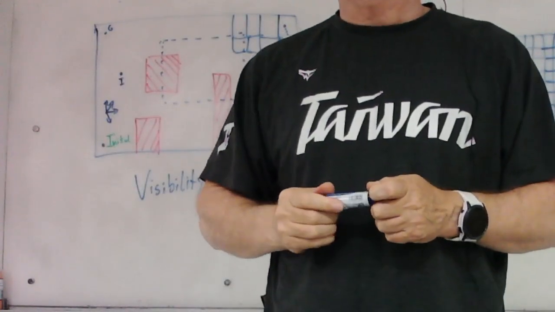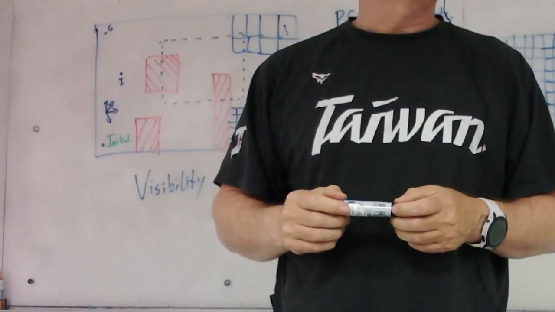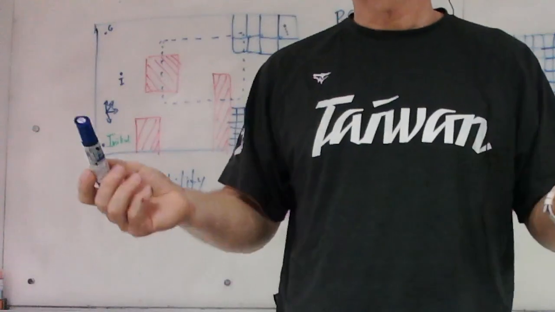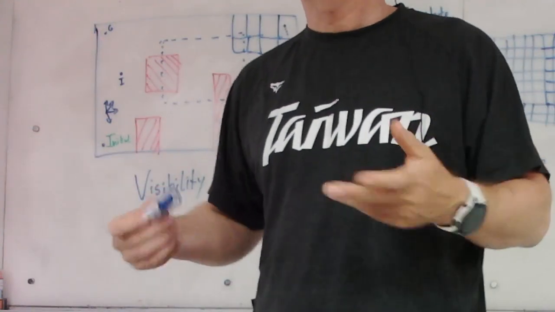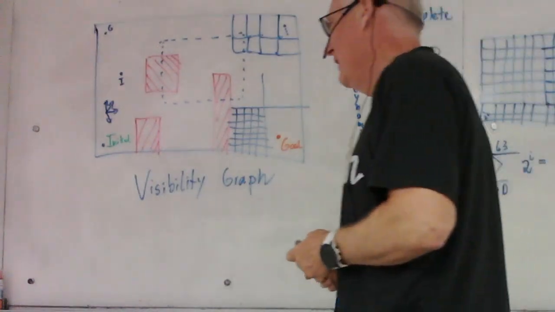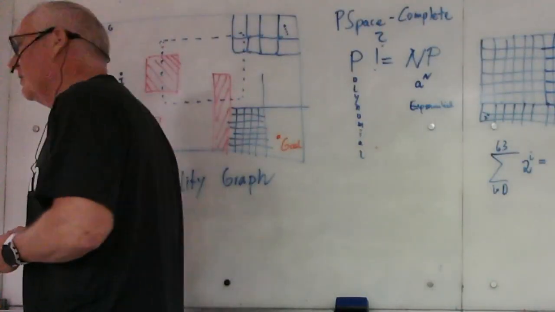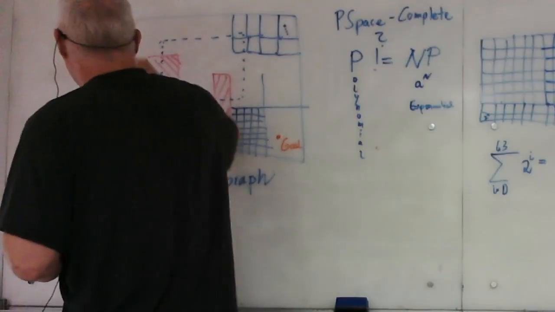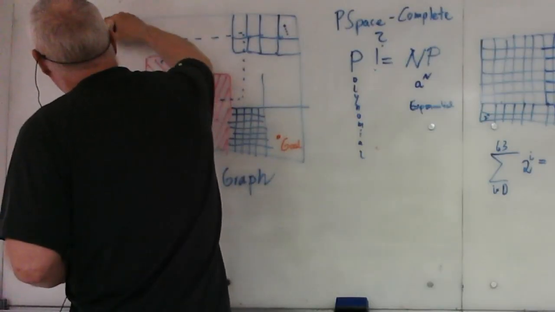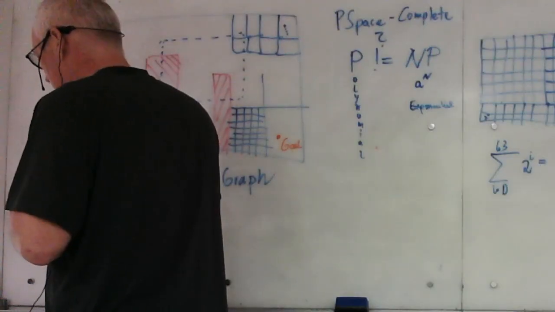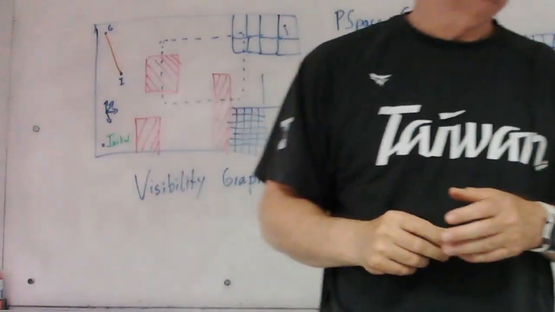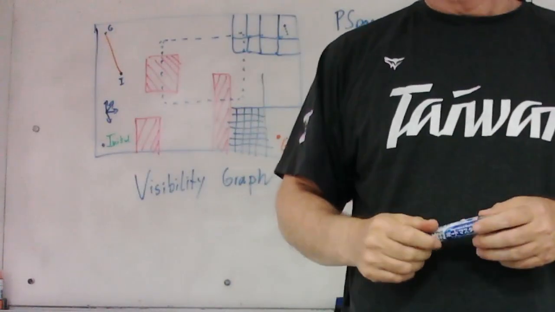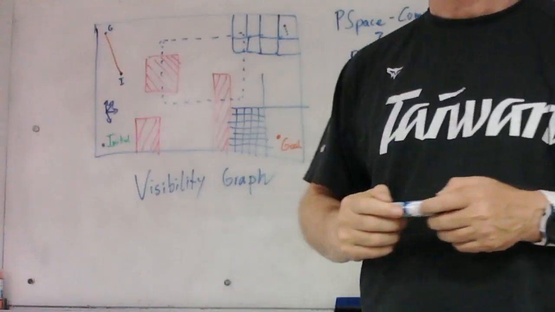What would be the optimal path? That would be just a straight line. In fact, that's a mathematical theorem that says the shortest distance between any two points on the plane in Euclidean geometry is a straight line.